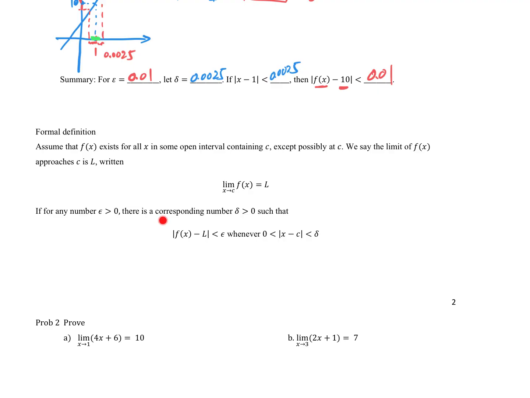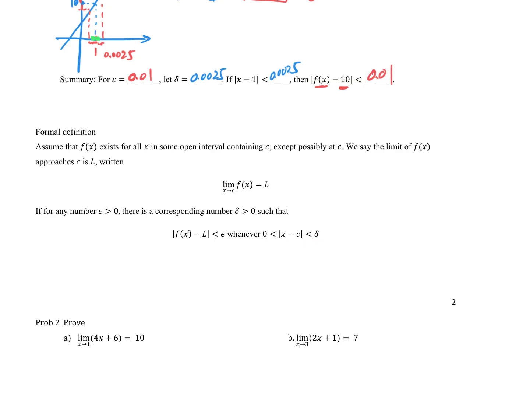Then there is a corresponding number delta greater than 0 such that the function is within this arbitrarily chosen epsilon of the limit, whenever x is within delta range around c.